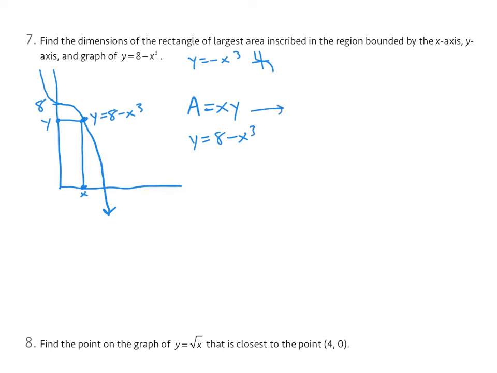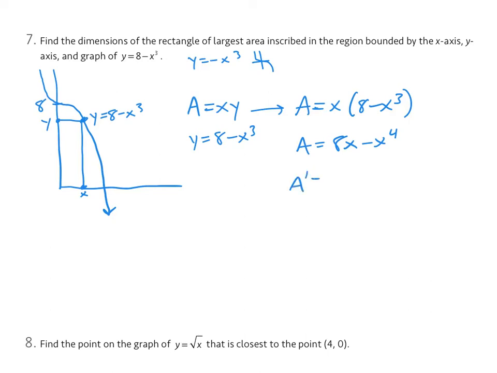So we can do a substitution and get that the area of this rectangle is x times 8 minus x cubed. If I distribute the x, I get 8x minus x to the 4th. Now I have an idea of what I'm dealing with. This area function is going to follow a 4th degree pattern, and I want to find the maximum area possible.